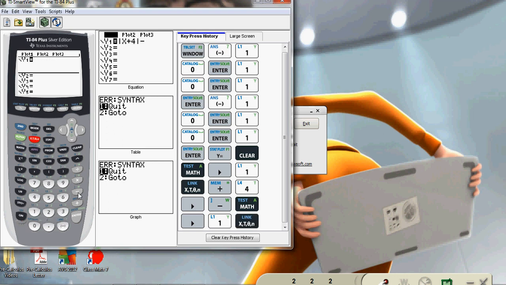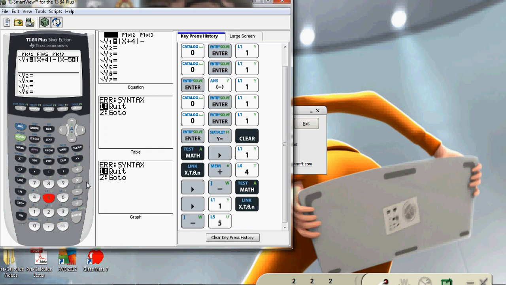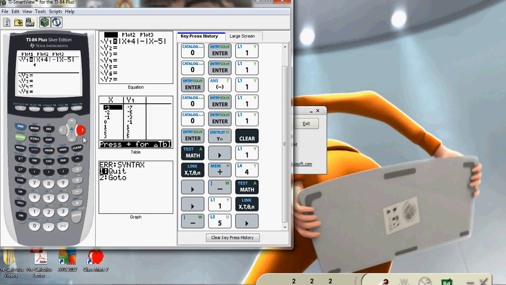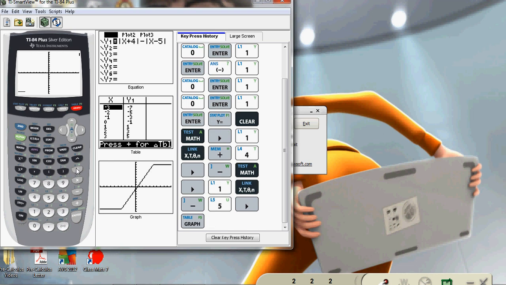So I'll do x minus 5, get out of that, and then graph it and see what I end up with. Now we can see fairly easily up here and down here. The question is, what value exactly is this? And that is the trick here that we really want to get to.